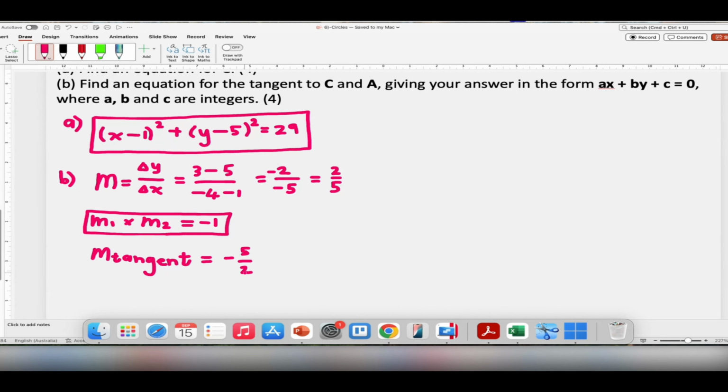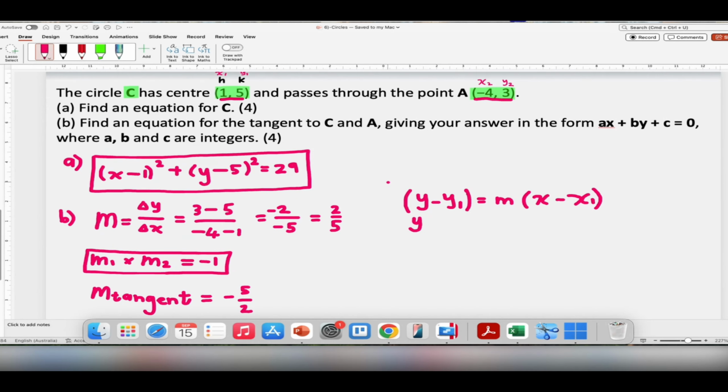Okay, now we have to work out the equation of the line that goes through A with a gradient of negative 5 over 2. So now we can use this formula, y minus y1 is equal to m multiplied by x minus x1. Okay, so what is our first y value?